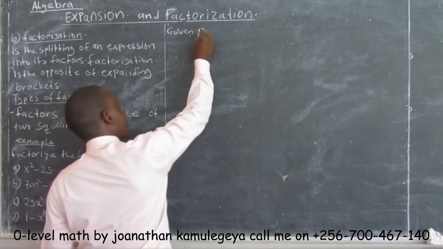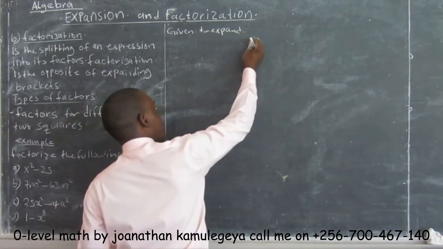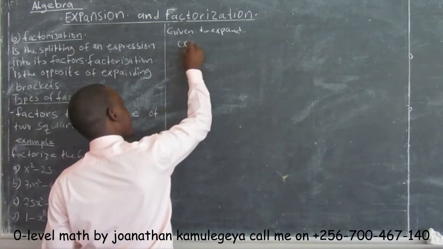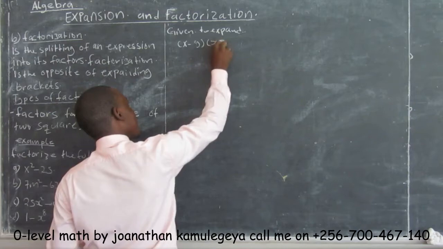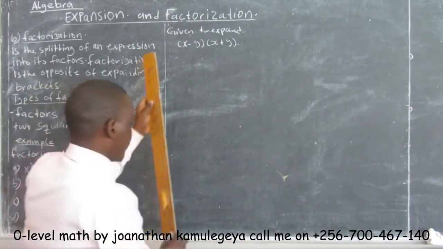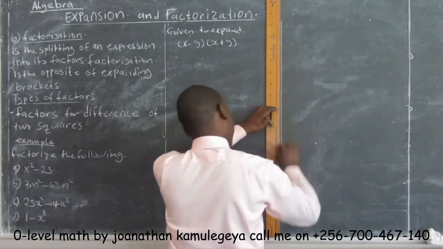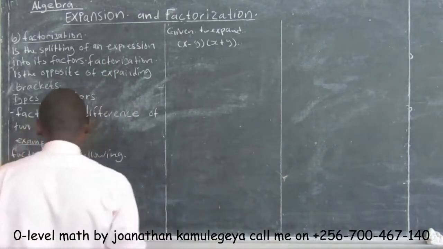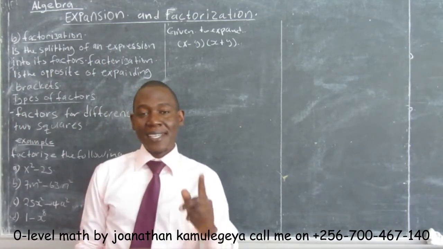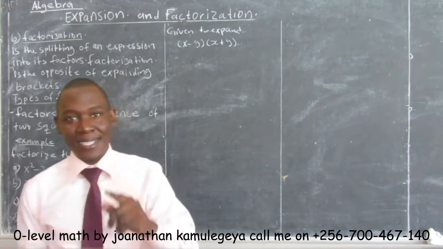Take an example. Given, expand x minus y into x plus y. Remember, if you have two brackets, each term in the first bracket multiplies every term in the second bracket.